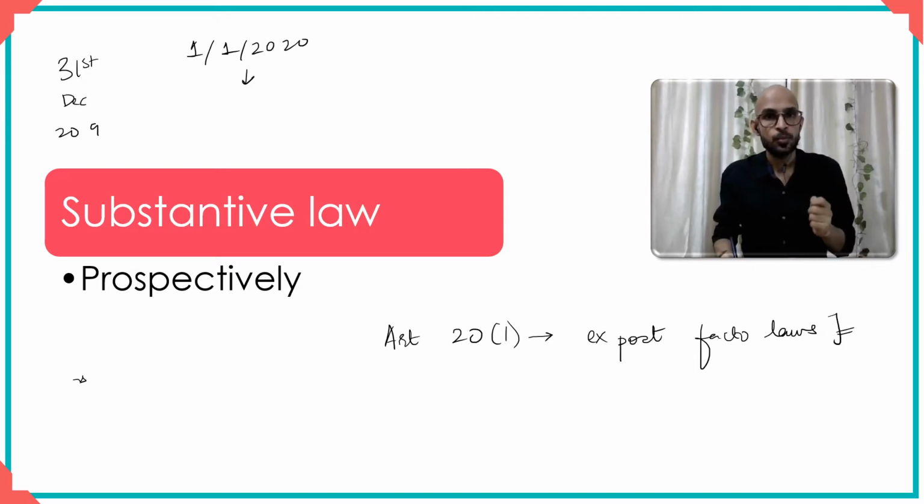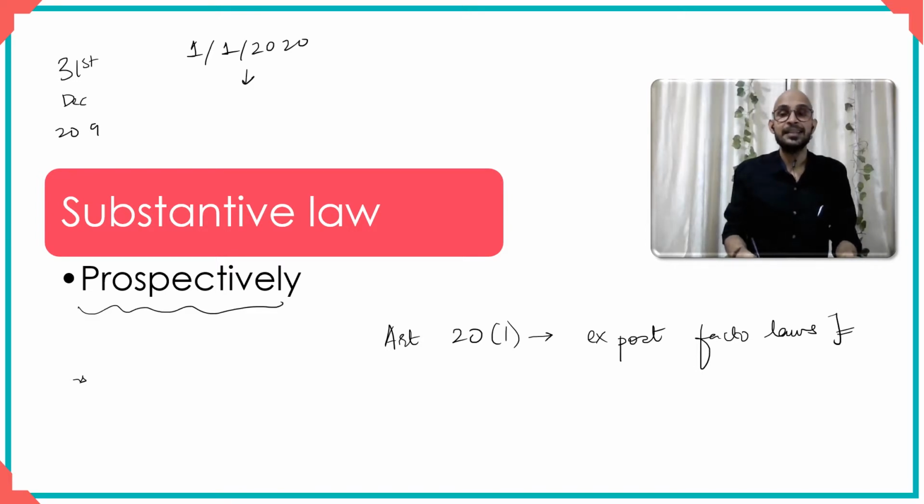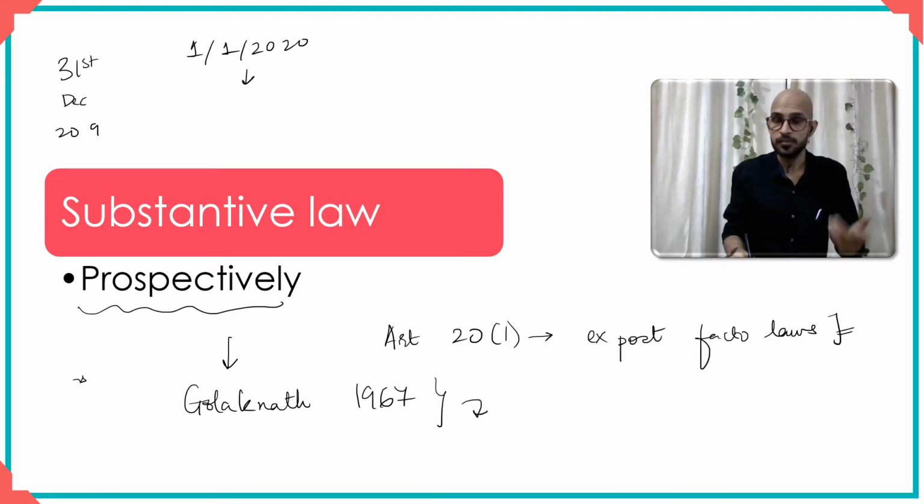There is another place where you can see the law relating to the prospective operation of the laws, and that comes from the leading case of I.C. Golaknath, the 1967 case. You can Google this, make sure you research this.